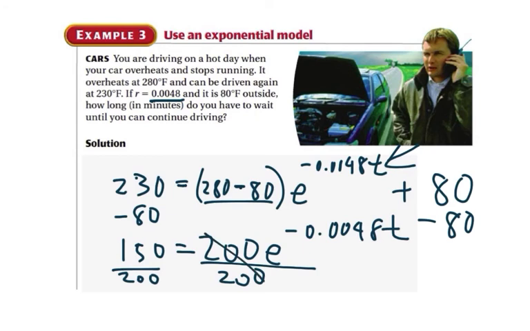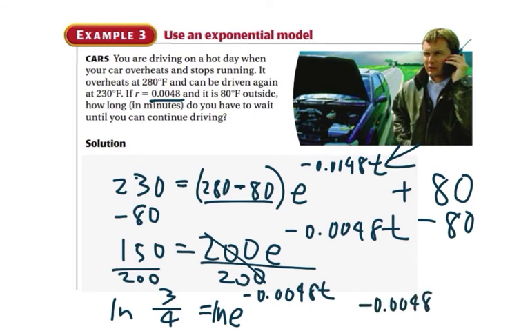That leaves me with 150 over 200, which is the same as 3 over 4, equal to e to the negative 0.0048 t. You take the natural log of both sides, which means now my equation is negative 0.0048 t is equal to, that cancels out, natural log of 3 over 4.